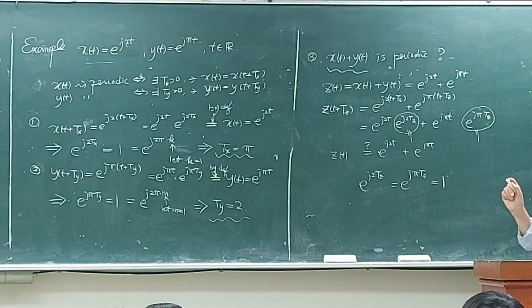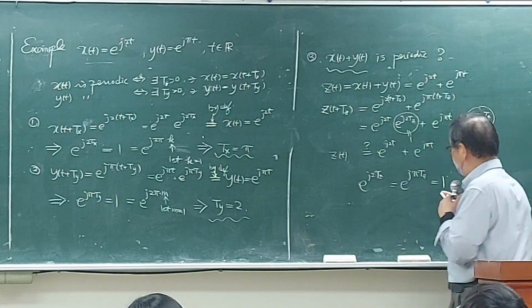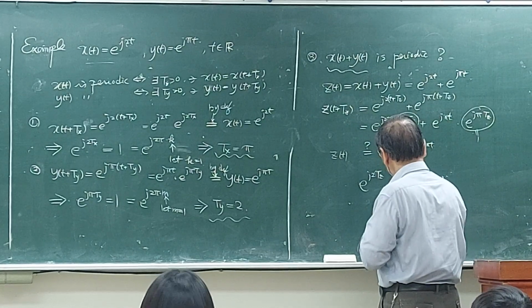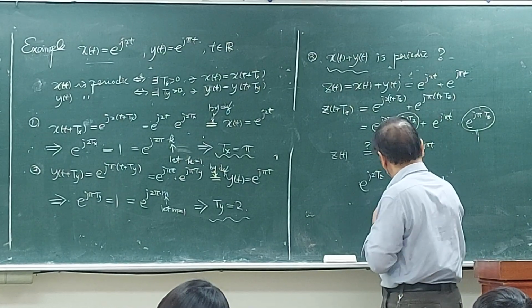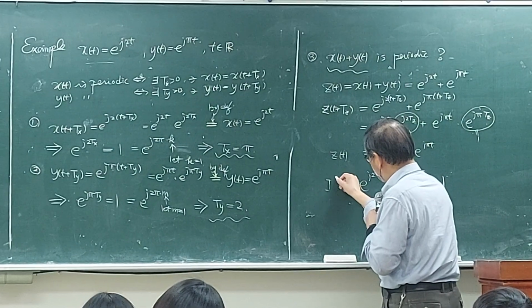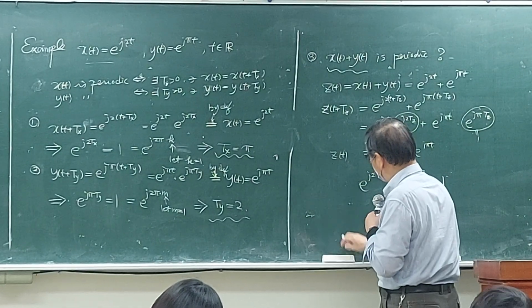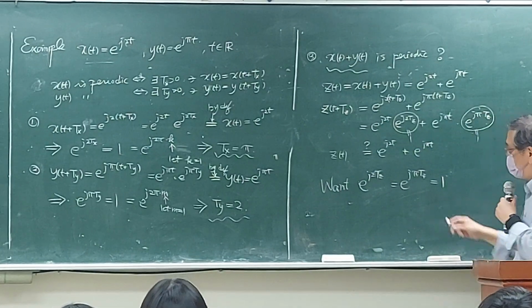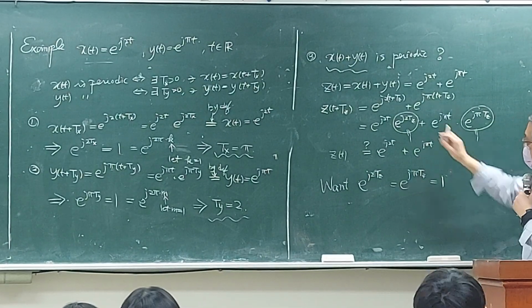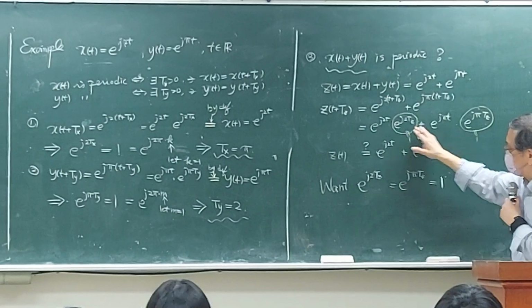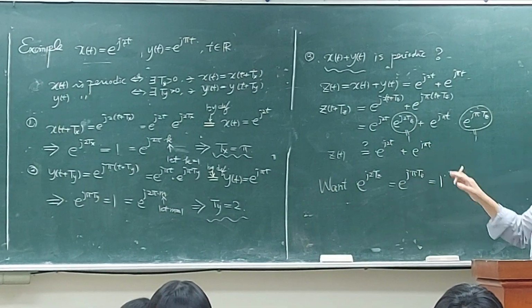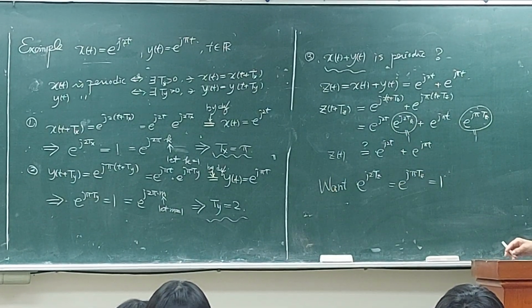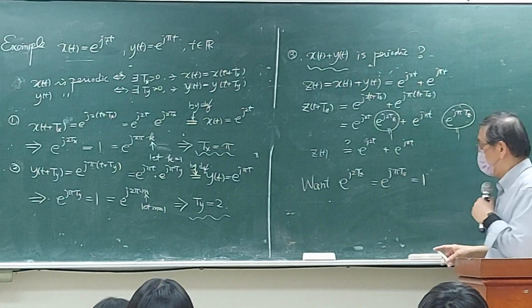Good. Okay? Alright, and then this one. We want this to be 1 and this to be 1. If this is 1 and this is 1, then the sum of these two terms equals the sum of these two terms.